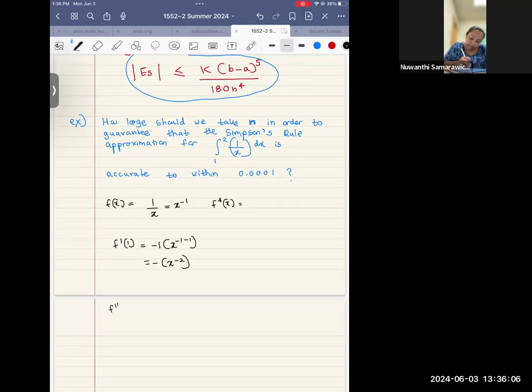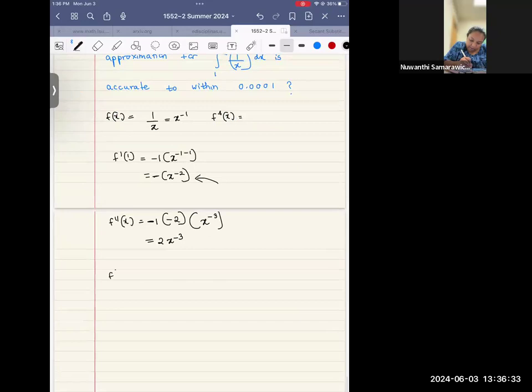Then the second derivative, you differentiate this. Here you have -1, and you take this power again by the power rule, and you will get -3. So here 2 times x to the power -3.